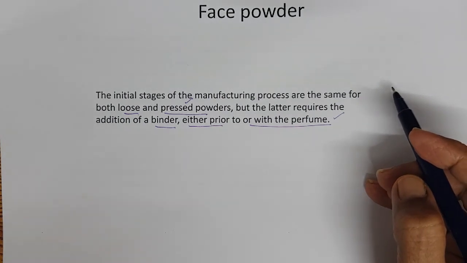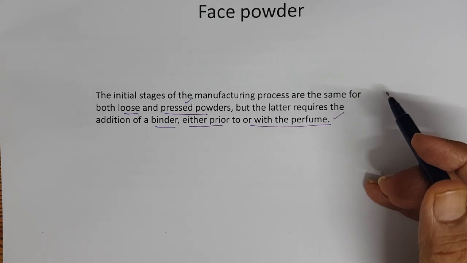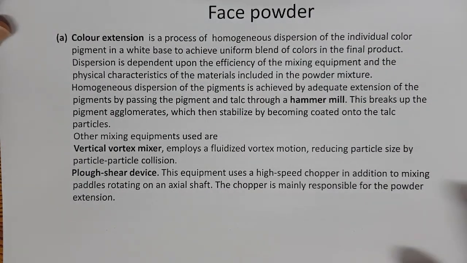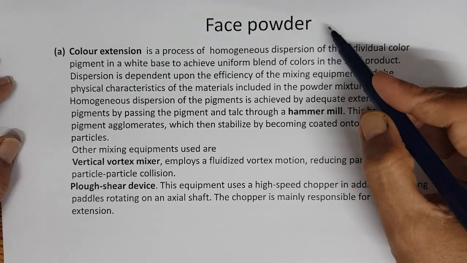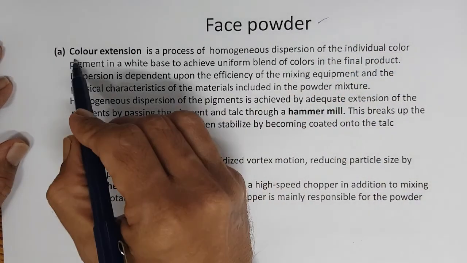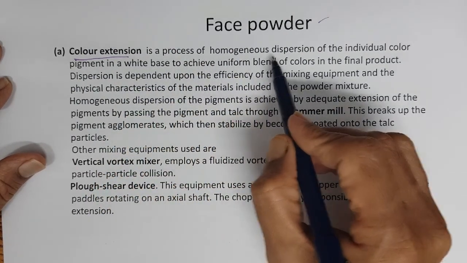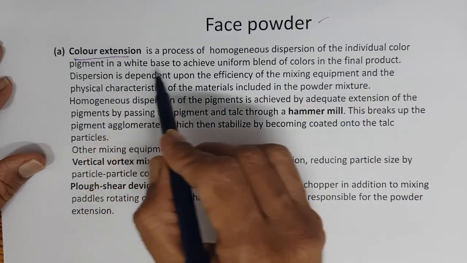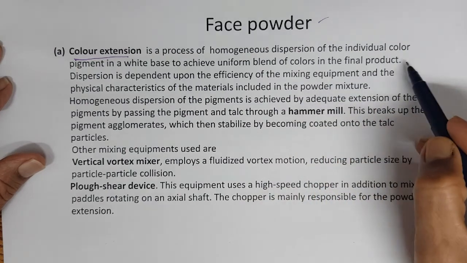So the compressed powder has an additional ingredient, the binder. Most important in the manufacturing process of face powder is the color extension. Color extension is a process of homogeneous dispersion of individual color pigment in a white base to achieve uniform blend of colors in the final product.